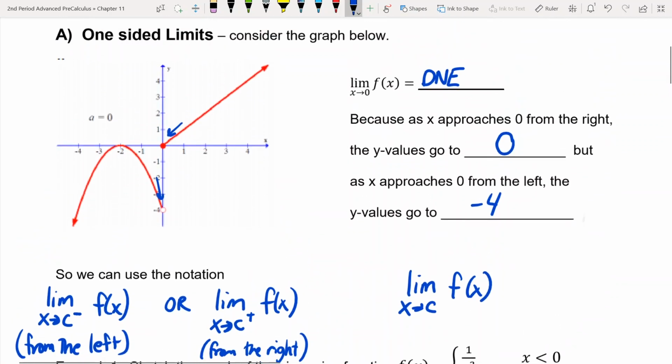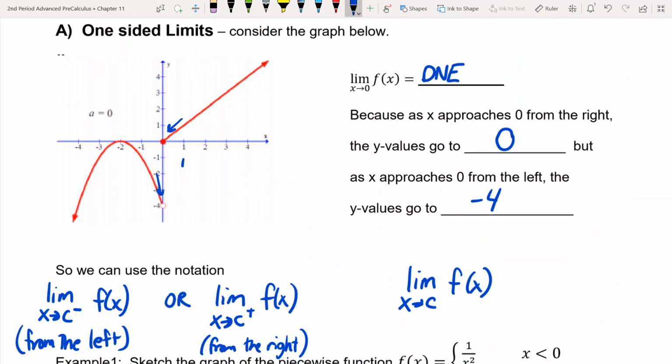So going back to this first example right here, if I were to look at the limit as x approaches 0 from the left of f of x, we would say it's -4. However, if we look at the limit as x approaches 0 from the right, it's going to be 0.